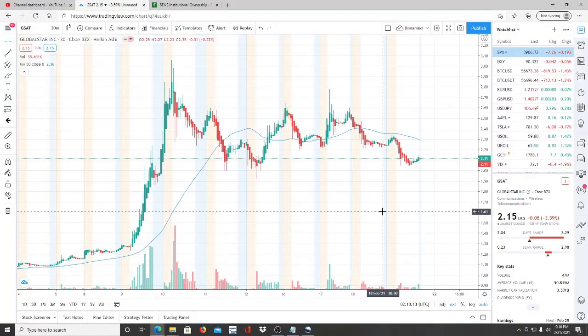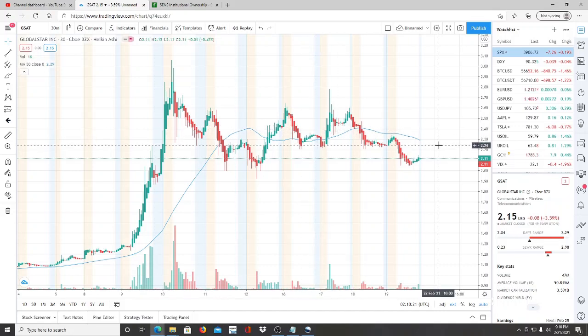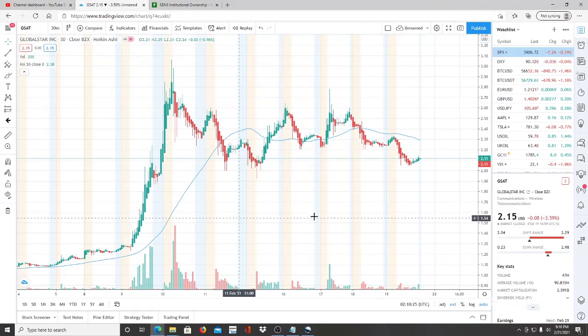Here we are with ticker symbol GSAT, Globalstar Inc. And as we jump into this chart, we can see how it's been moving sideways, not going too much to the lows, not much to the highs. And we talked about it as this was going down, we wanted to look for some consolidation or some confirmation that it was going upwards.